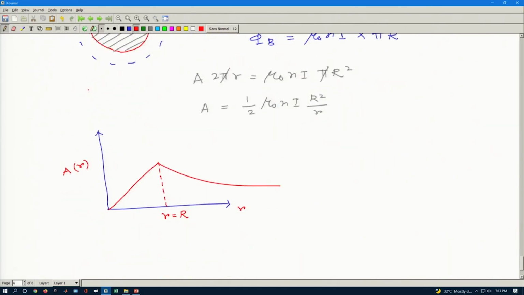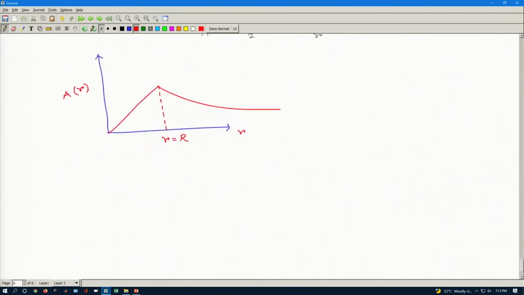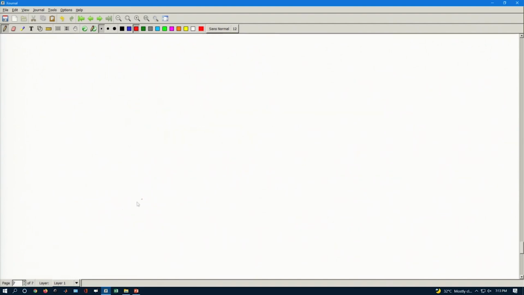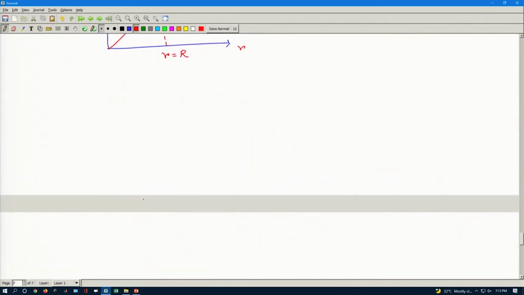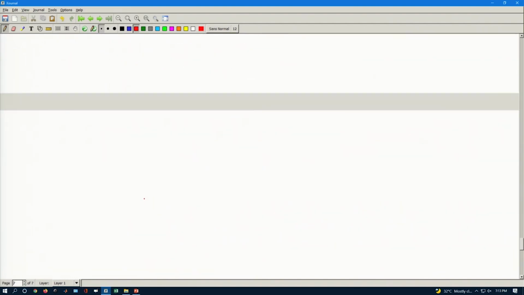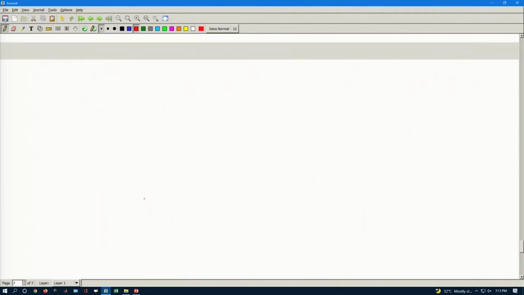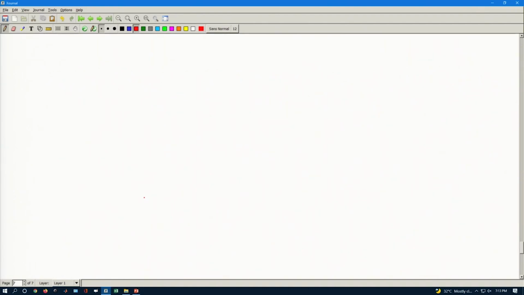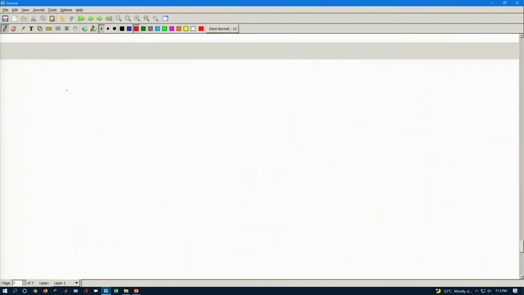Now we will do another important thing, and that is the multipole expansion of the vector potential. For electrostatics, for a charge distribution, we calculated the potential. Let me quickly remind what we did in electrostatics.